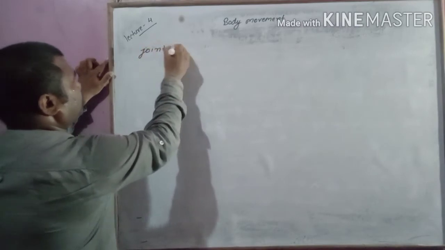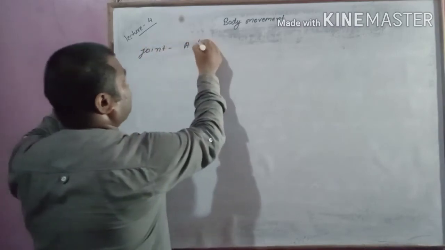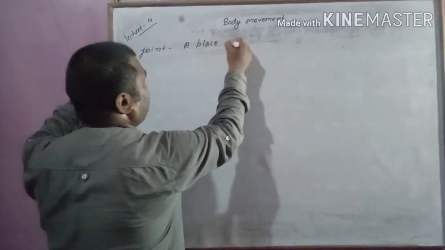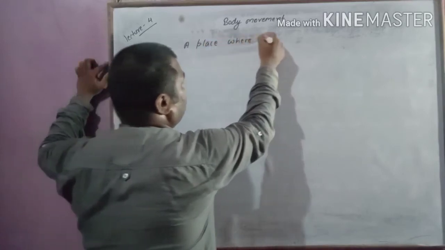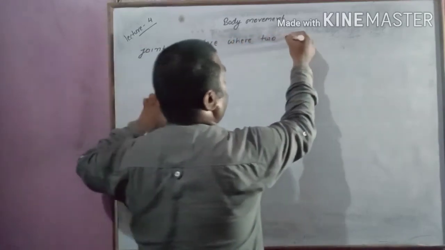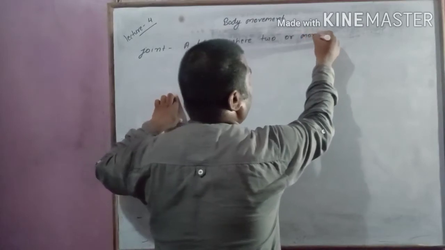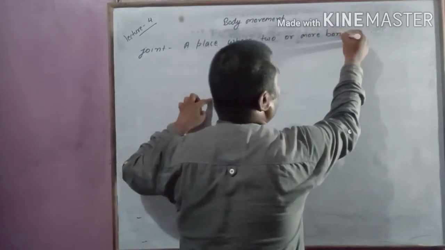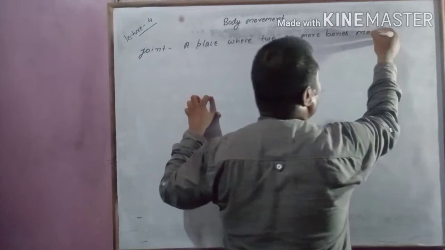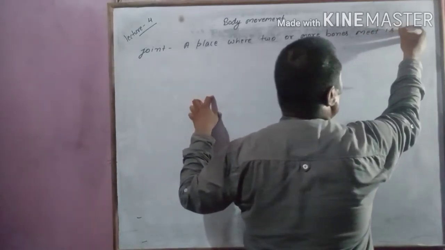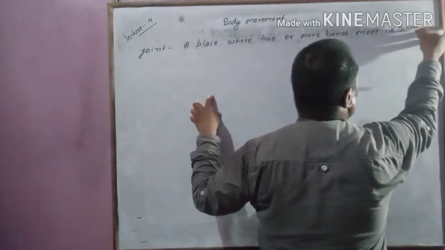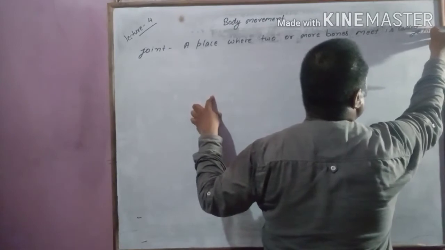Joint: a place where two or more bones meet is called joint.